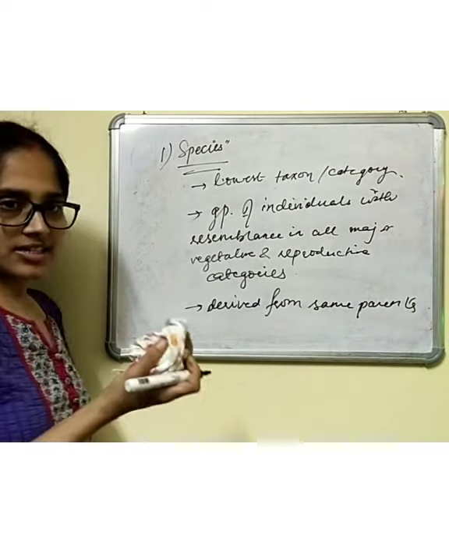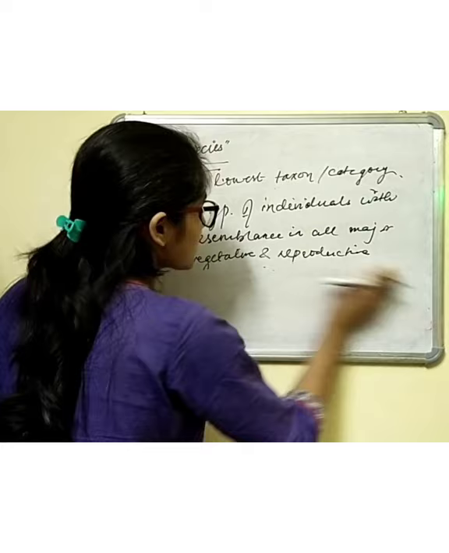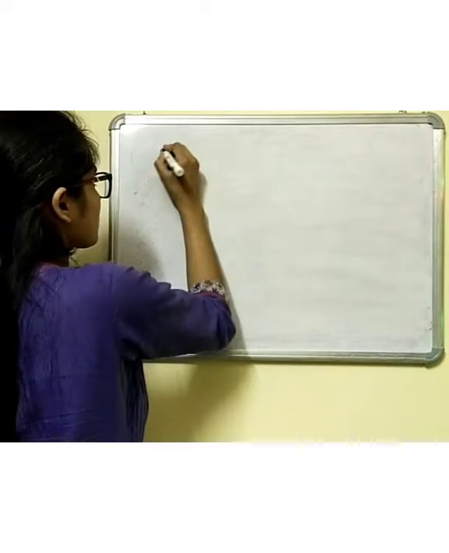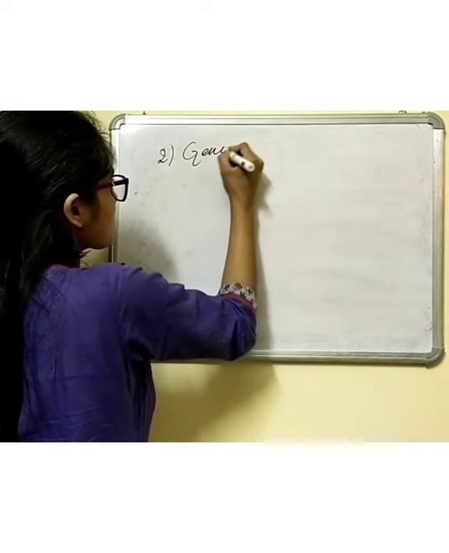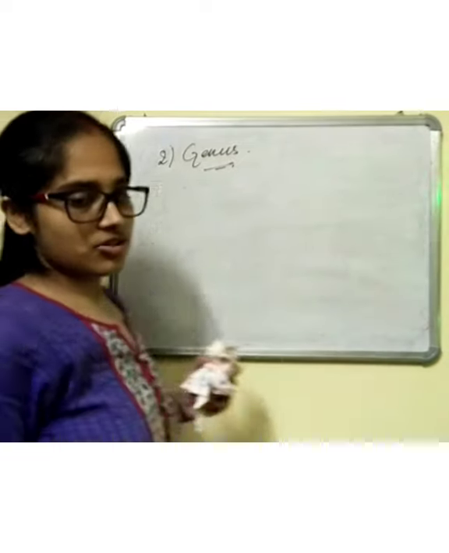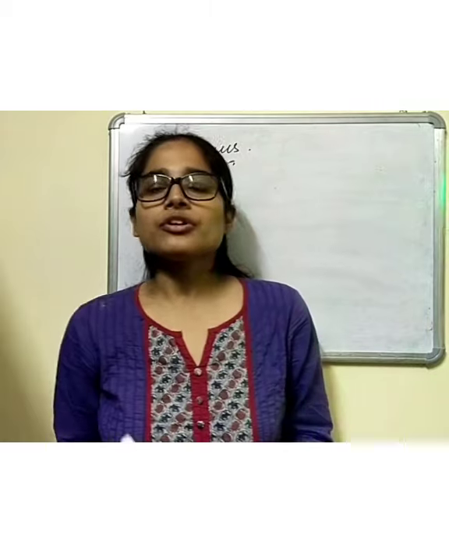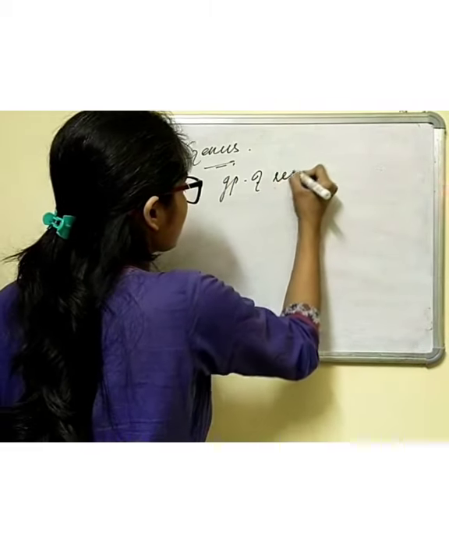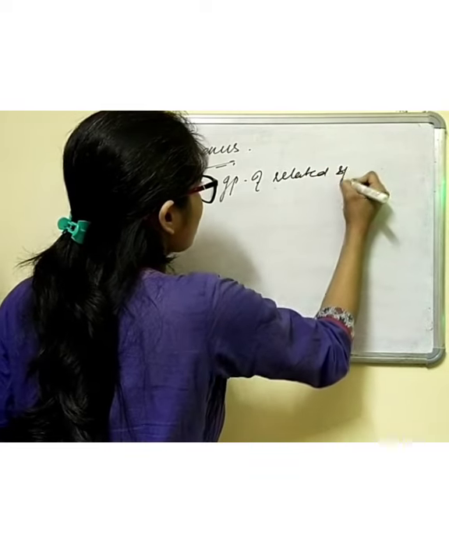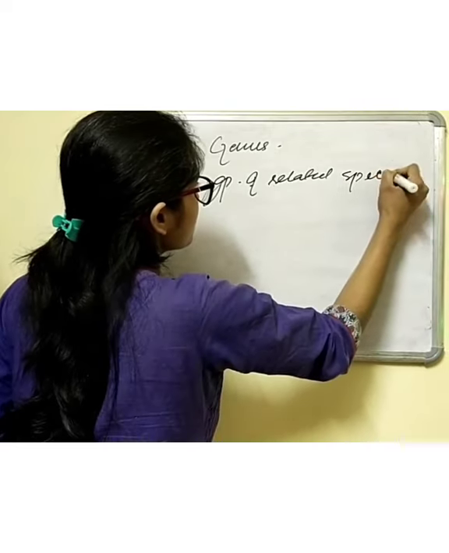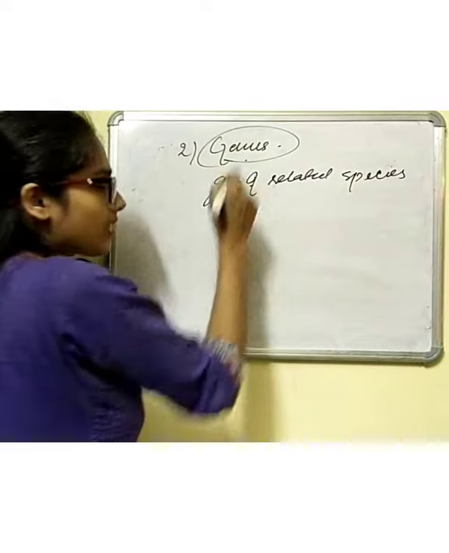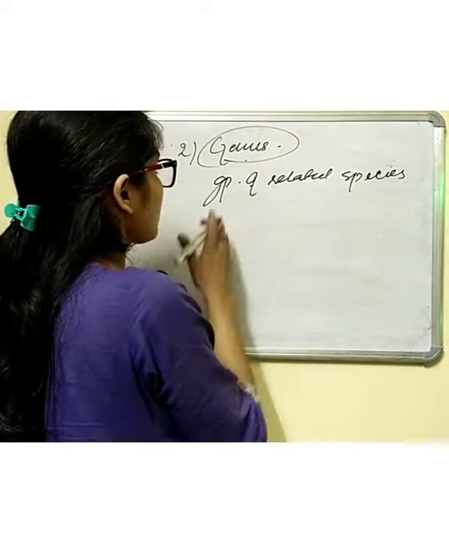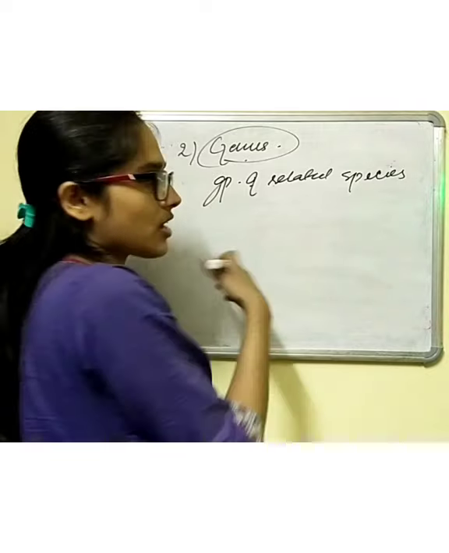Now we come to the next, higher category, which is genus. So the second one is genus. So what is a genus? A genus is a group of related species. It is the second category in the taxonomic hierarchy, which comes after species.